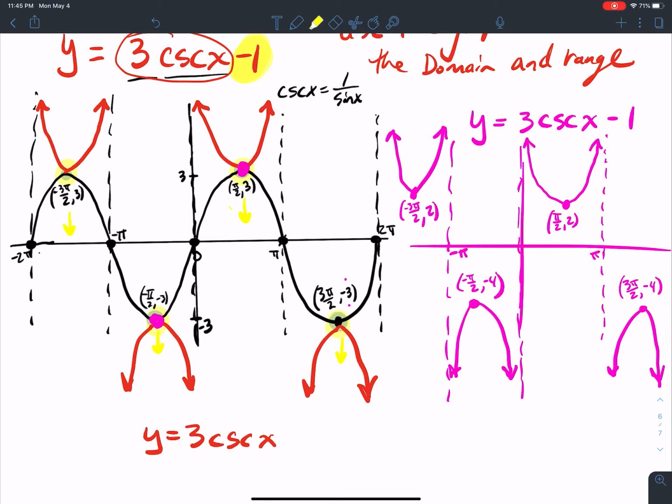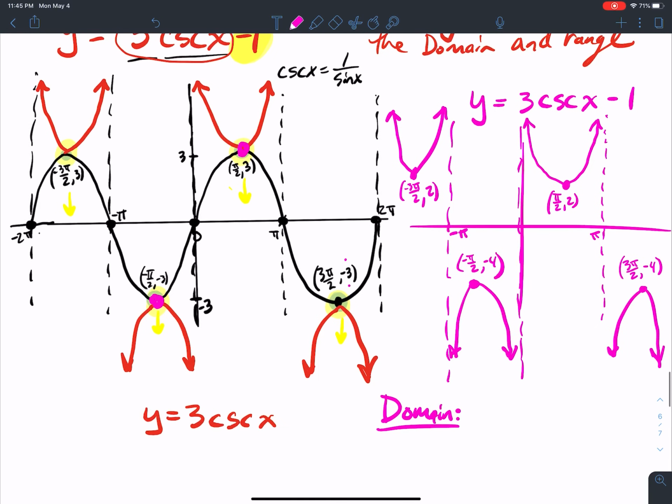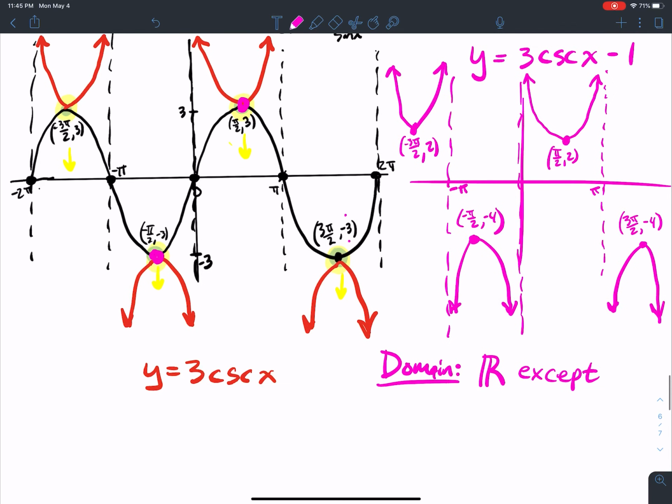The domain and the range for this graph. All right, the domain. Well, what values can I not have? Sometimes it's easier to get rid of the things you don't want than it is to write down the things that you do want. So the domain is all real numbers except what? Well, we can't have pi, can't have 0, can't have negative pi. So what values can we not have?